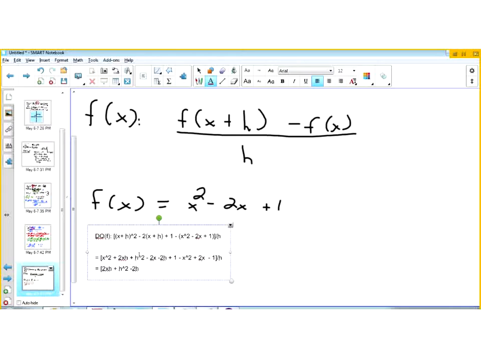Minus 2h. And the 1's will cancel. And we divide by h. Okay, looking good. So this would equal 2x plus h minus 2. All right, so this is our difference quotient for this quadratic. All right. So later on when we talk about trig functions, trigonometric functions, we'll be calculating difference quotients for them as well. All right, next topic.